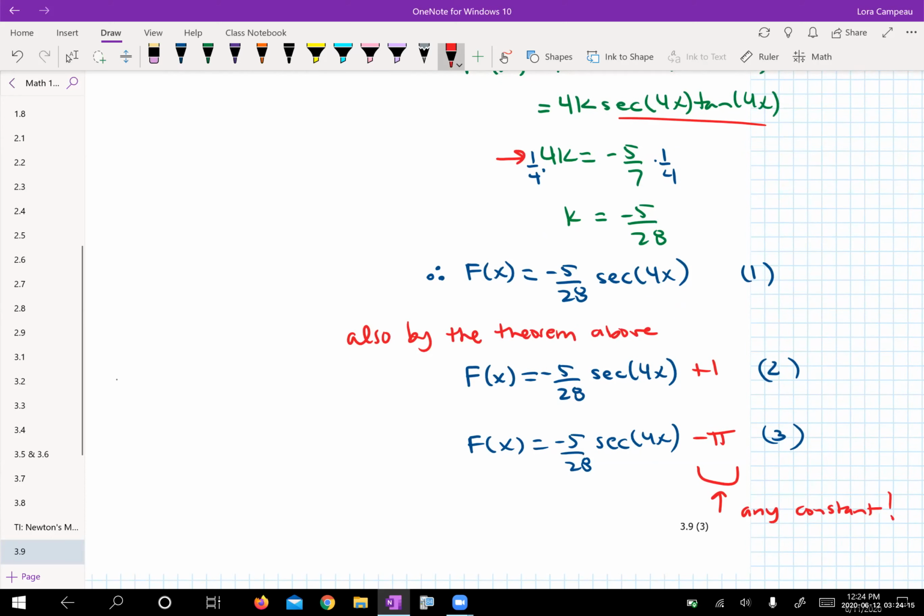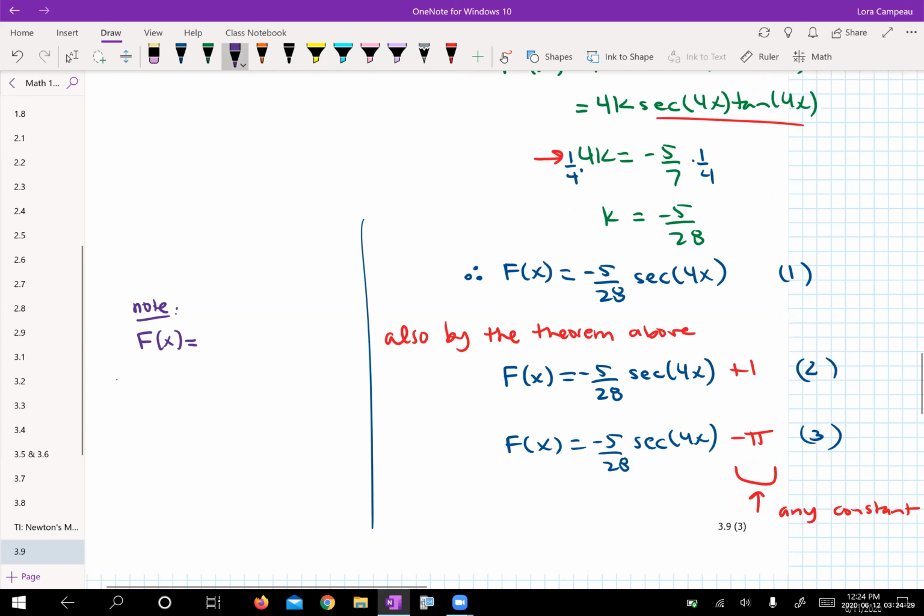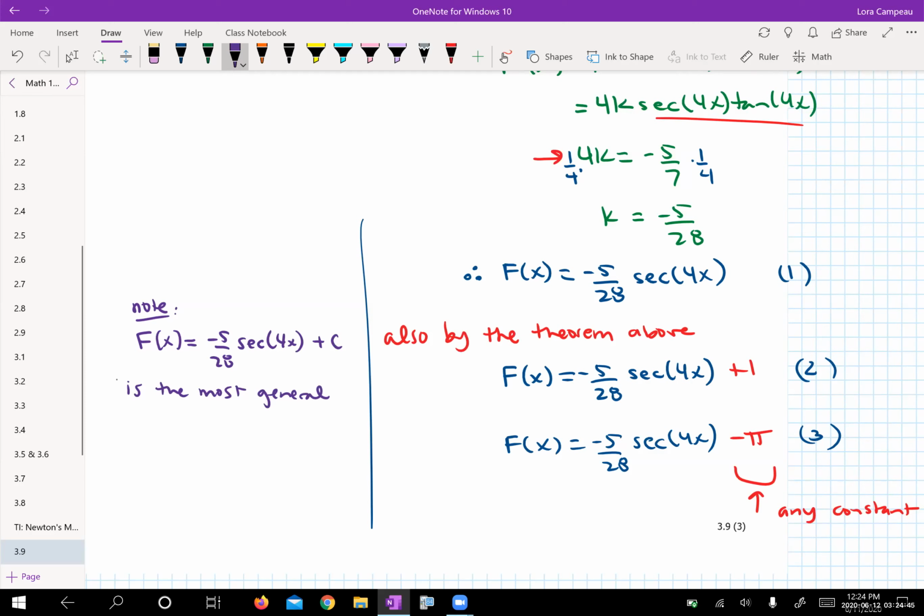And then, restating what we did earlier, a little note. If we were applying the above theorem to our problem, the antiderivative F of x equals -5/28 secant of 4x plus c. That's the most general antiderivative.